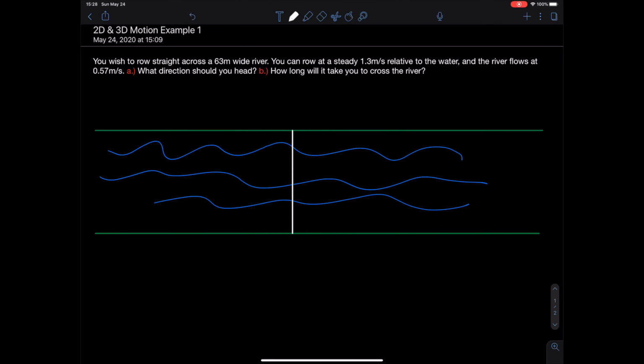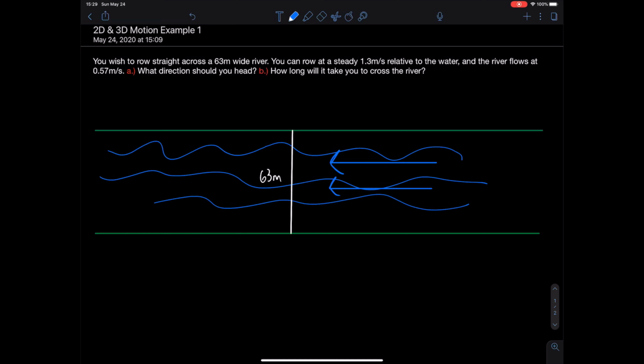So the vertical distance across the river is going to be 63 meters. Now, we can pick which direction we want the river to be flowing. It doesn't really matter as long as we keep our signs plus or minus consistent. So I'm going to choose the river to be flowing in this direction. So this is the direction that the water is flowing.